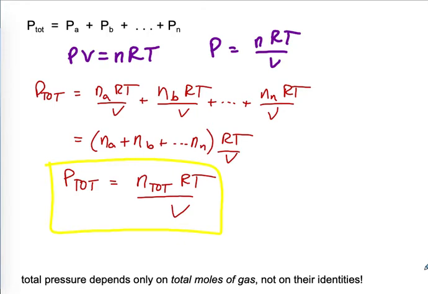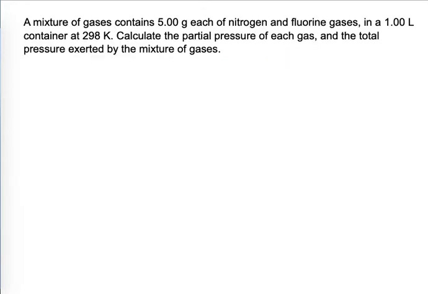So here's an example of a problem that we can solve. A mixture of gases contains 5 grams each of nitrogen and fluorine in a 1 liter container at a temperature of 298 Kelvin. Calculate the partial pressure of each gas and the total pressure exerted by the mixture. Well, we know that in order to calculate the partial pressure of each gas, we will need to know the moles of each gas, so let's begin by converting the masses of nitrogen and fluorine into moles.